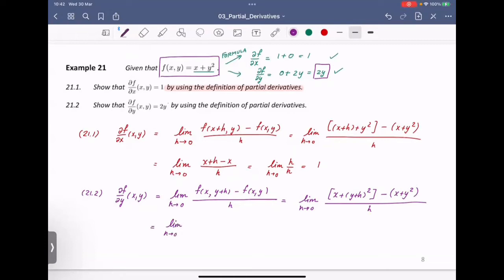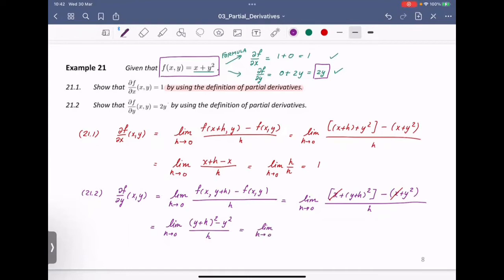Well, you have to expand that thing. What I mean is x cancels x, so you're going to have (y+h) squared first, and then minus y squared over h. So what is this limit? Well, now it's 0 over 0, so I have to do something.